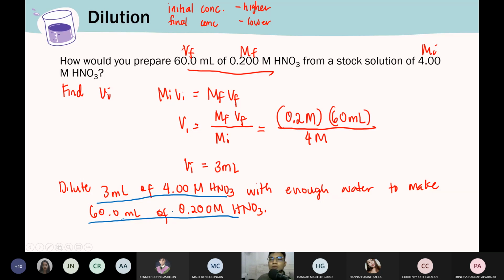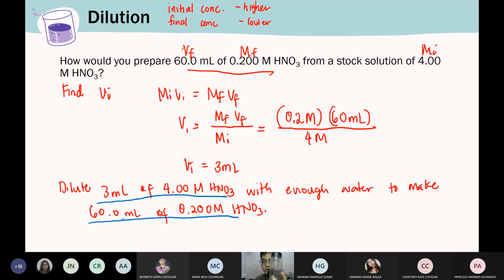So let me show you na just visualize. Wala kasi akong Erlenmeyer flask with me. So, kunwari, ito yung 4 molar nitric acid. And then ito, volumetric flask. Ang gagawin ko, I will just get 3 ml of 4 molar nitric acid using a pipette. I will transfer it to the flask.